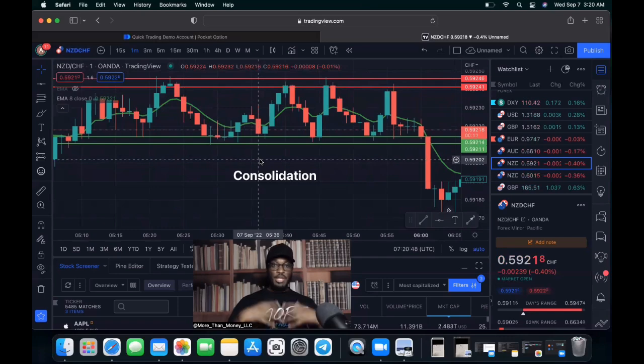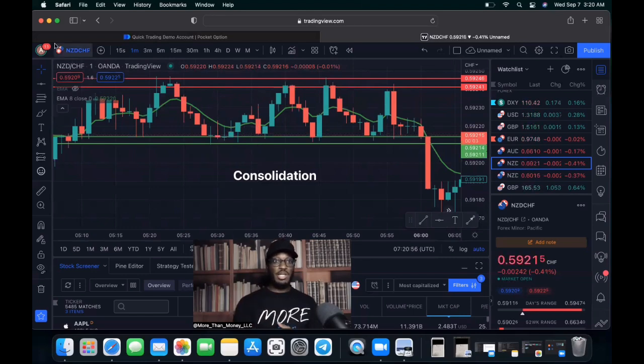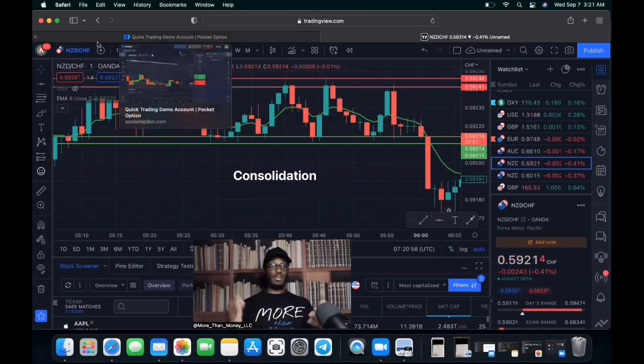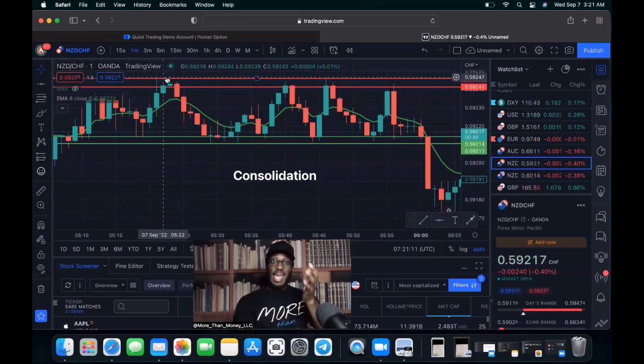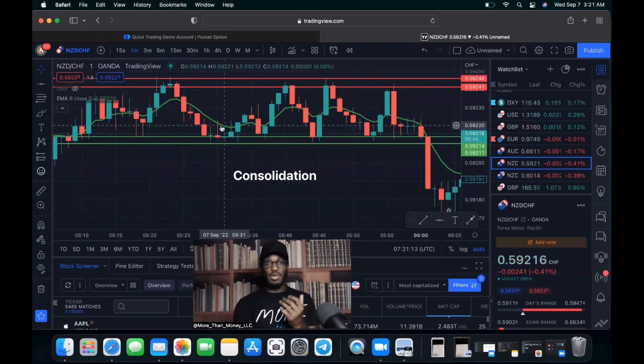So I'm looking at my currency heat wave, or the currency strength website, and it's telling me that CHF has like 6 bars and NZD only has 1 bar. That's telling me I have a higher probability when putting in these puts, because CHF is so strong, it should help to pull price down.